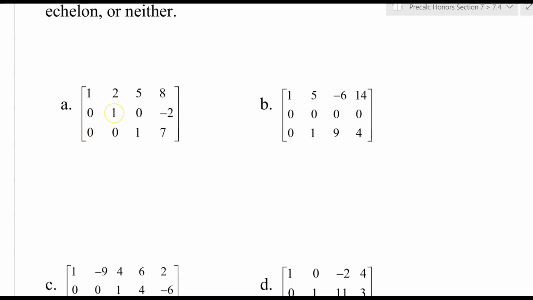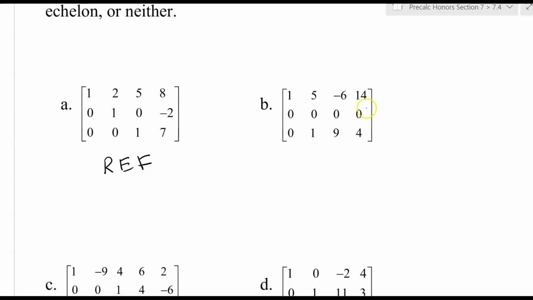Here's a leading 1. The stuff below is a 0, but the stuff above is not a 0, so this is not reduced row. And then here's a 1. So we can see the first non-zero number in each row is a 1, and everything else is zeros. So this would be row echelon form.